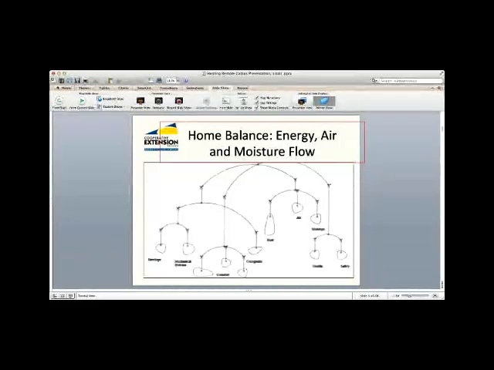Now, there's a few dynamics that I just want to brush over about air, and that is that the colder air is, the less capacity it has to hold moisture. And so in a 40 below situation, you have an extremely dry humidity, very low percentage.